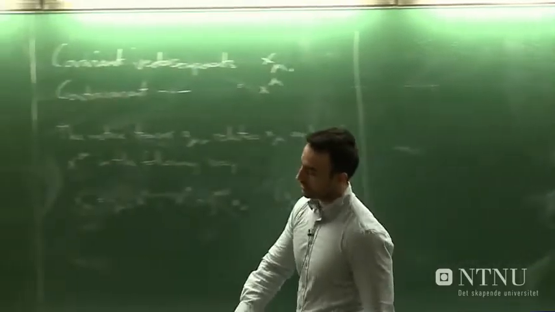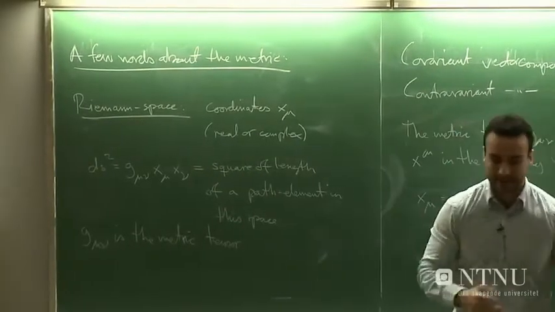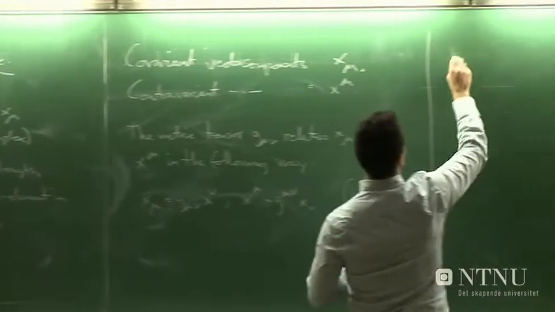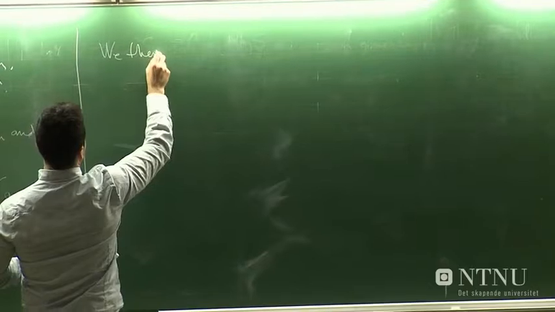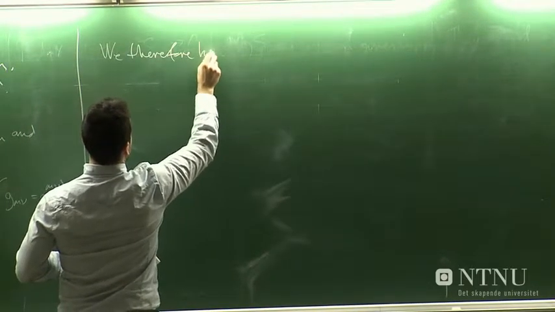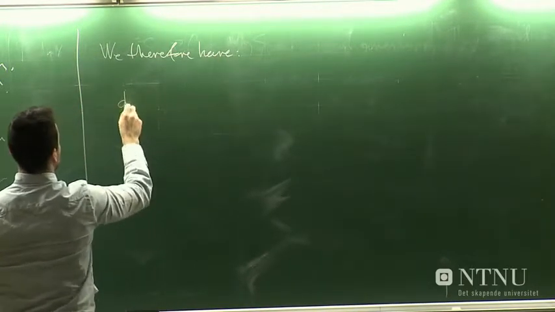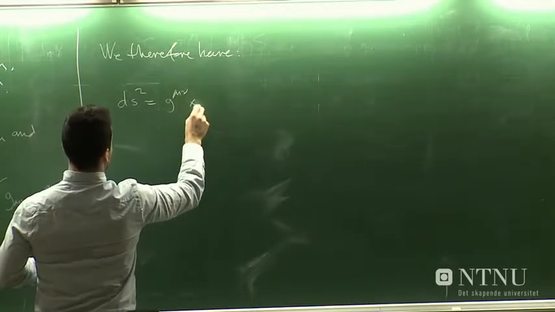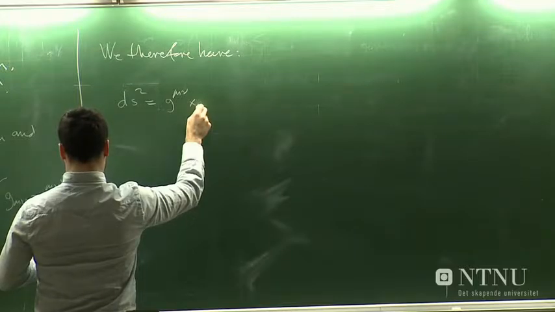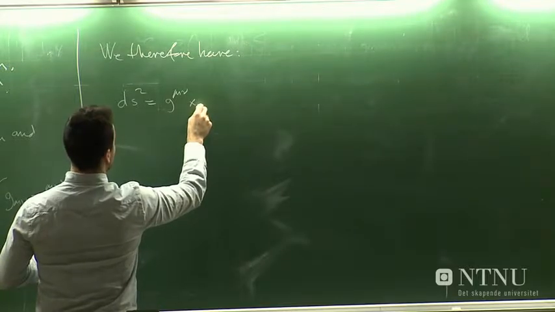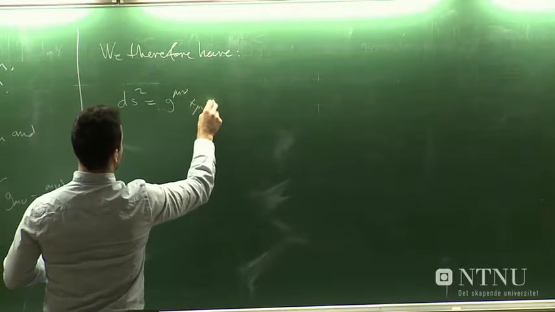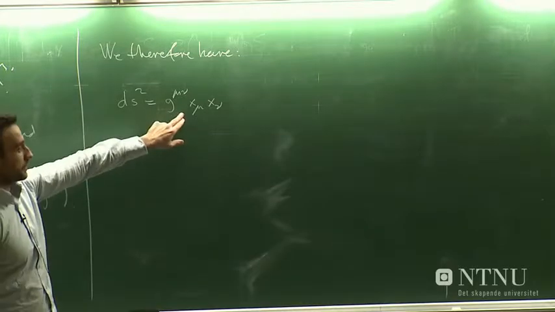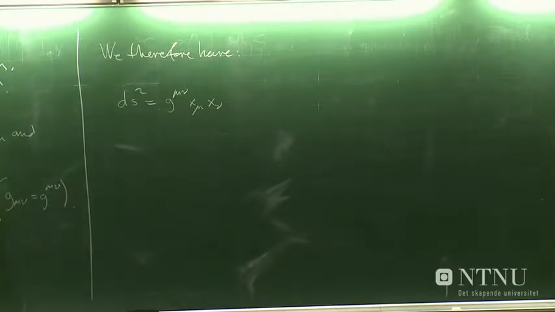So using our definition here for this infinitesimal path element in the Riemann space, we have this, where I've now just rewritten the metric tensor according to this.